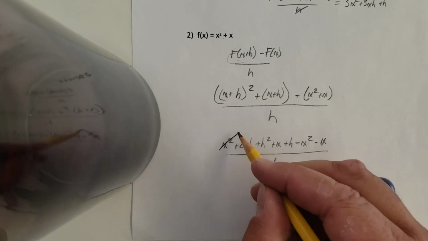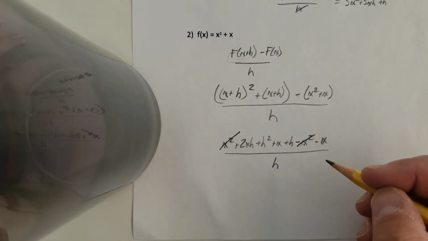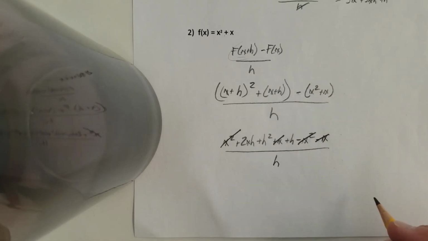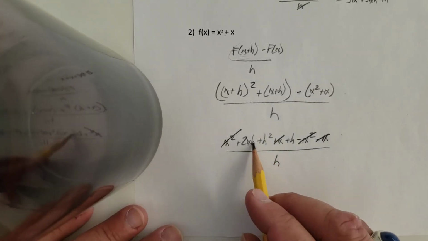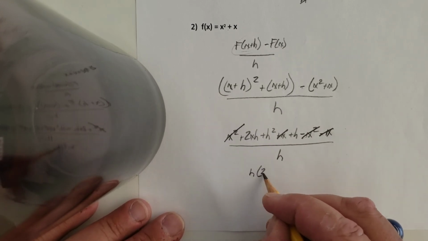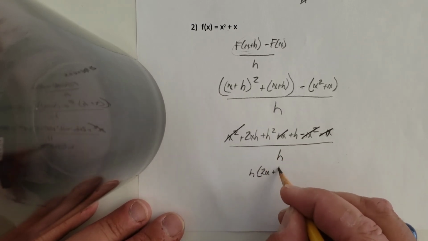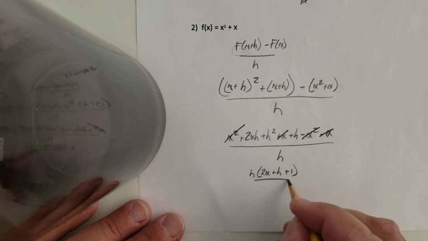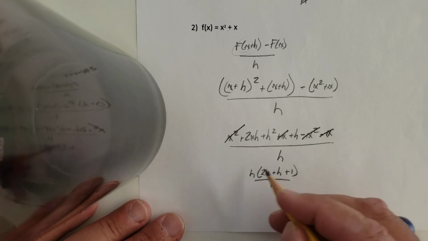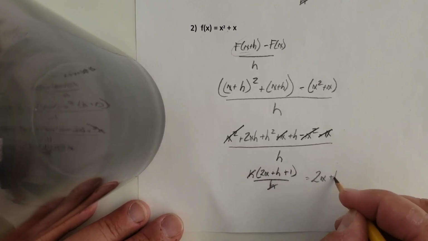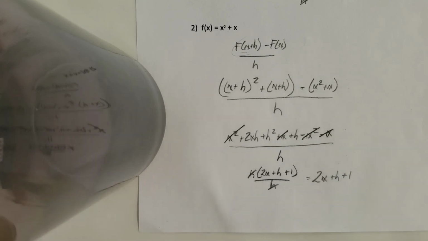I've got an x squared and a negative x squared. I've got an x and a negative x. And then I'm going to be able to factor out an h from each term. And when I factor out the h, I get 2x plus h plus 1 over h. The h's cancel, and there's my answer. 2x plus h plus 1.